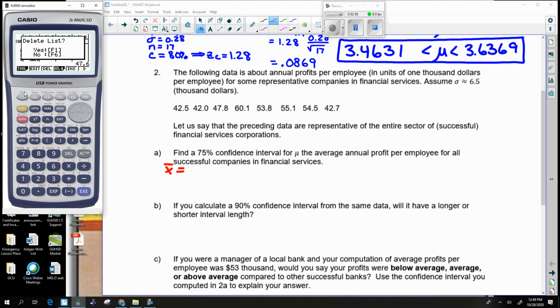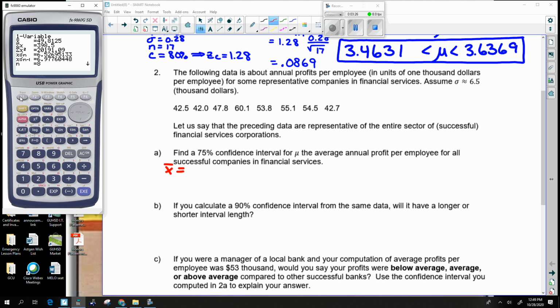This is not the same stuff, so let's go: 42.5, 42, 47.8, 60.1, 53.8, 55.1, 54.5, and 42.7. Okay, scroll through that just to make sure I didn't make a mistake somewhere. Okay, it looks all good to me.